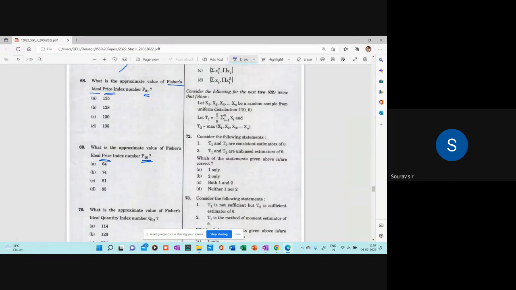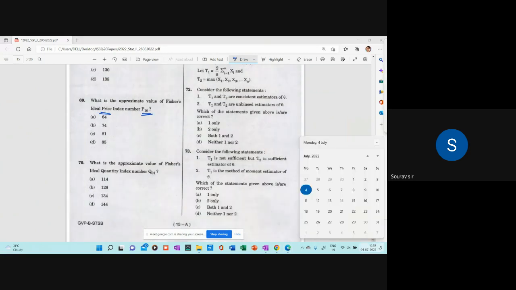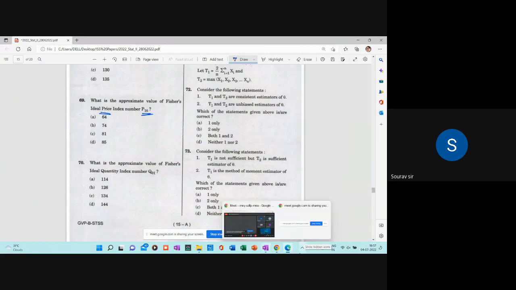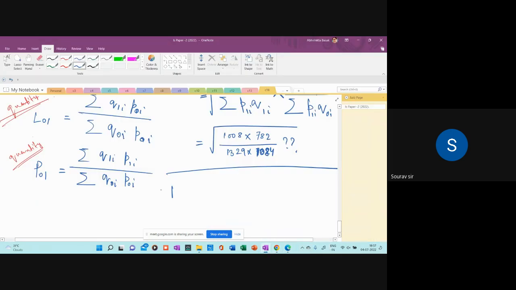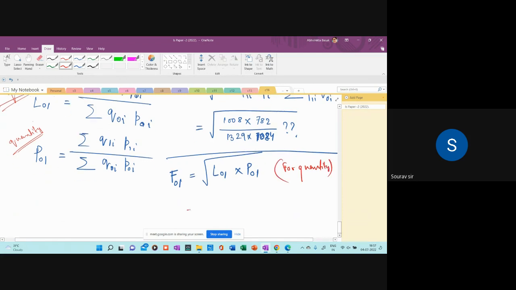the last one is the Fisher's ideal quantity index. Like I told you, the quantity index formula is given, Fisher's ideal quantity index. That is Fisher's quantity index, square root of L into P, and this whole thing is going to be for quantity. This quantity means the formula is going to be this thing.